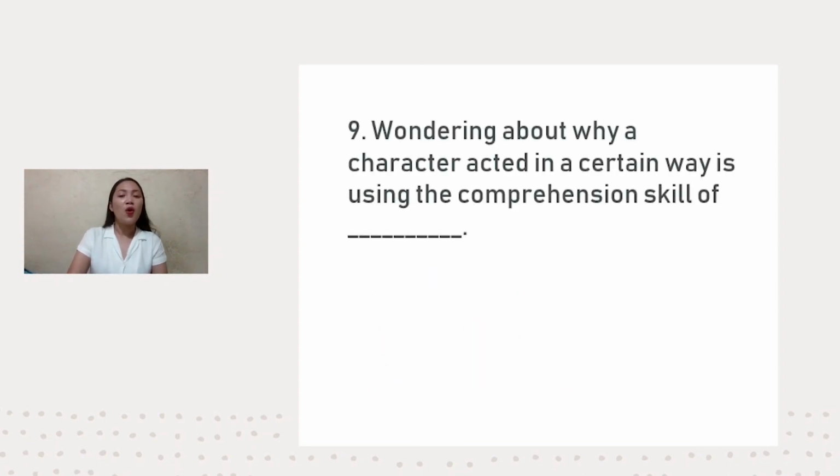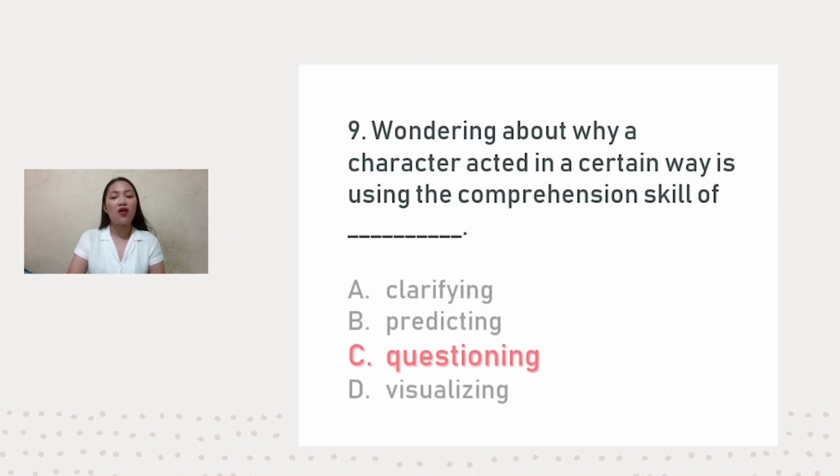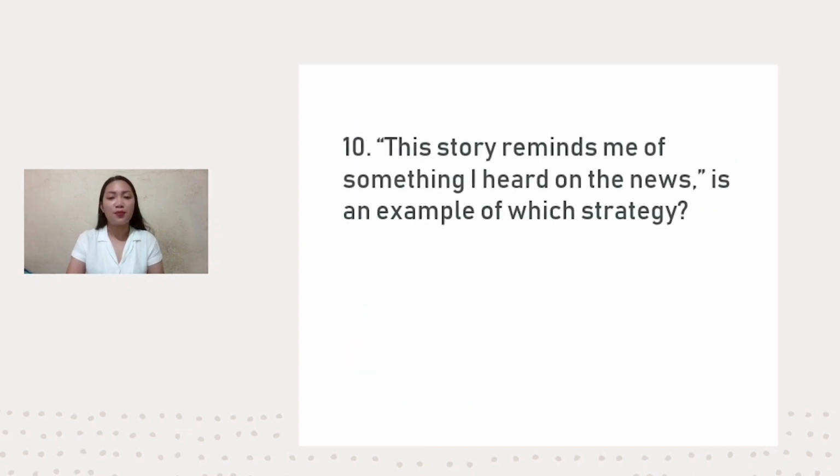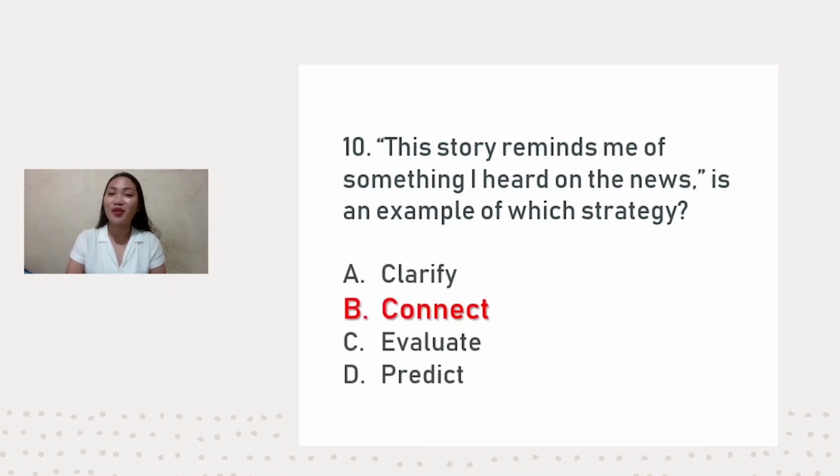And then 9, wondering about why a character acted in a certain way is using the comprehension skill of, it's letter C, questioning. And the last number, this story reminds me of something I heard on the news is an example of which strategy. So it's letter B, connect.